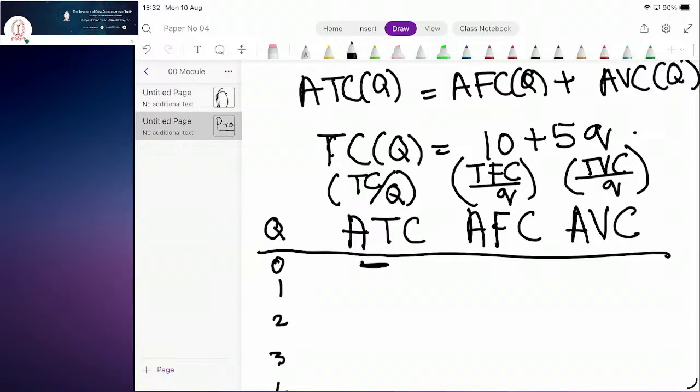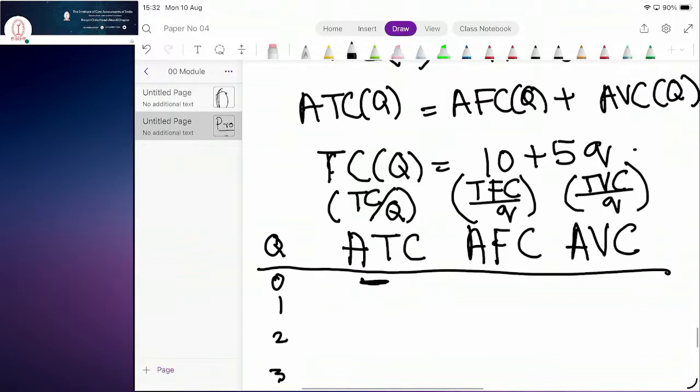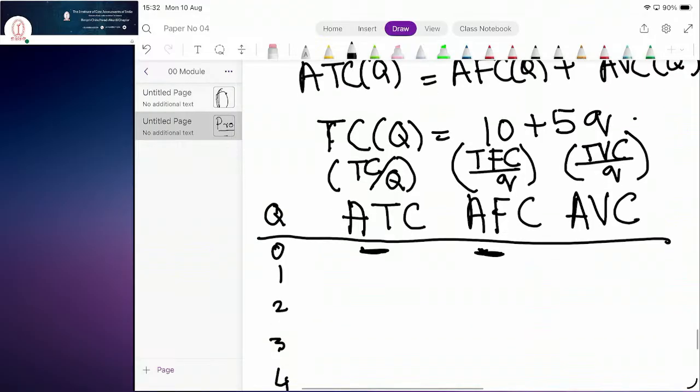Right? So for that example that we have calculated, calculate AFC first. 10 divided by 0 cannot exist, so just keep a dash. Now this 10 divided by 1, how much is it? 10, correct.